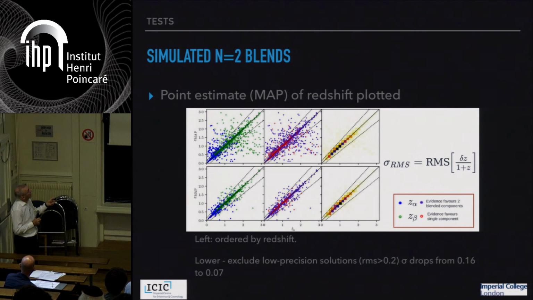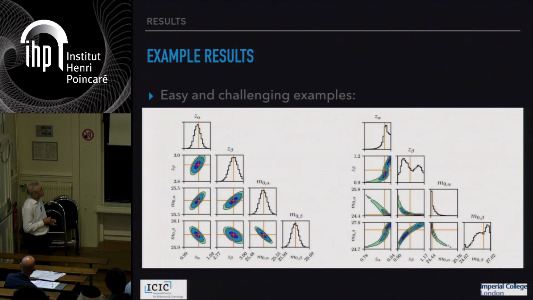These outliers are ones where, in fact, the posterior is extremely broad. And since you have the full posterior, you can use that information to cut back on the sources, and that reduces the scatter in the variation in Z over 1 plus Z by about a factor of 2.